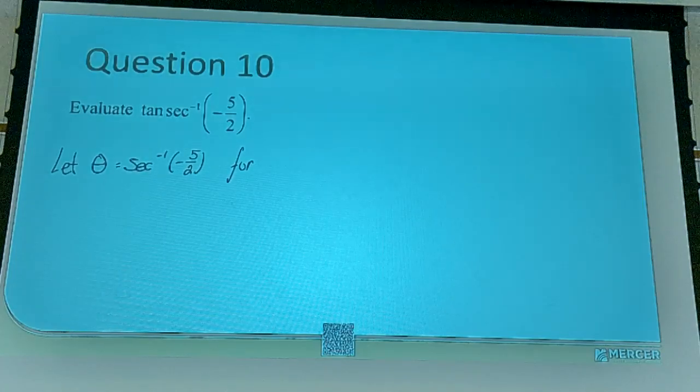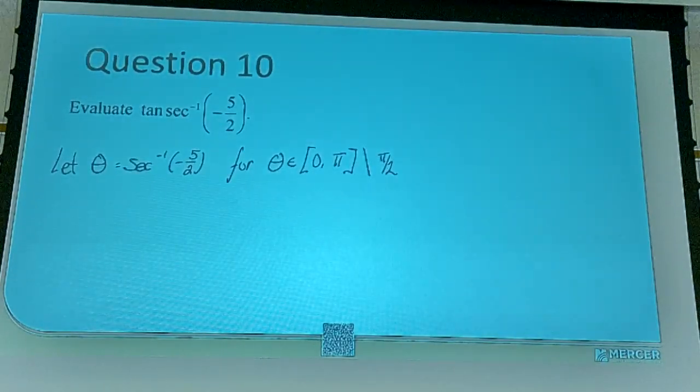How do I want to write it though? Yes, with theta in 0 to pi minus pi over 2. I don't feel like writing the union. It's too much work.